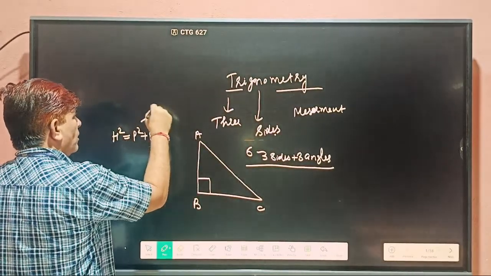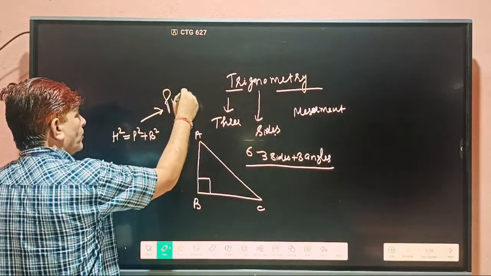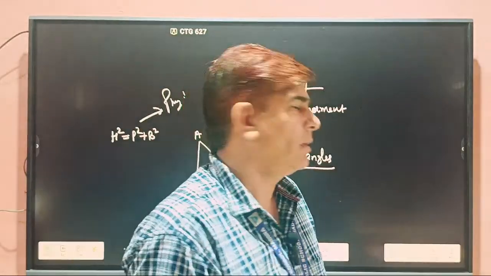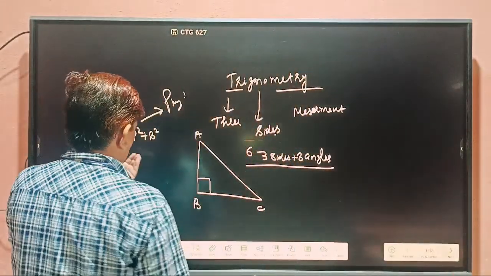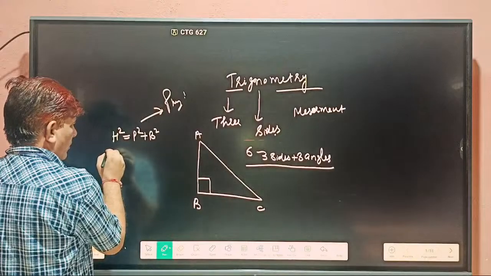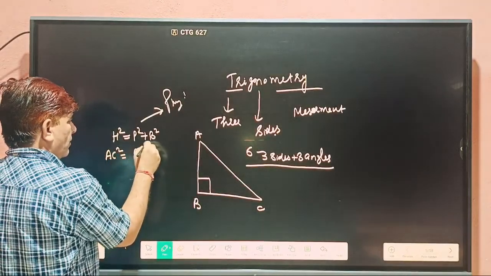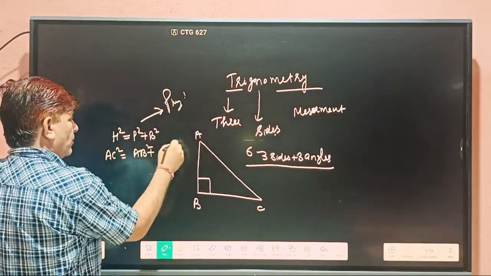This is called Pythagoras theorem. Which theorem? Pythagoras theorem. Its meaning is this: AC square equals AB square plus BC square.